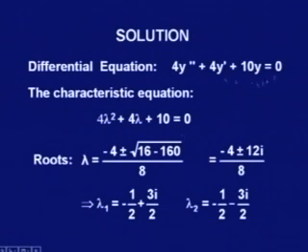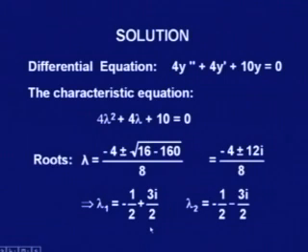Here the equation is not in standard form. If I write it in the standard form, that is, with the coefficient of y double dash as 1, I will divide by 4. So, I will get the coefficient of y dash as 1. So, that is why it is minus 1 by 2 and so on.